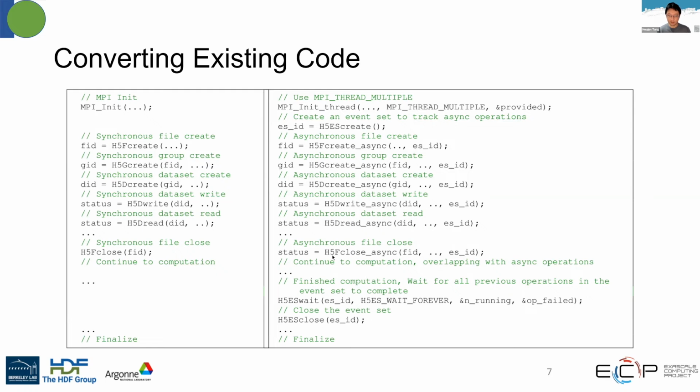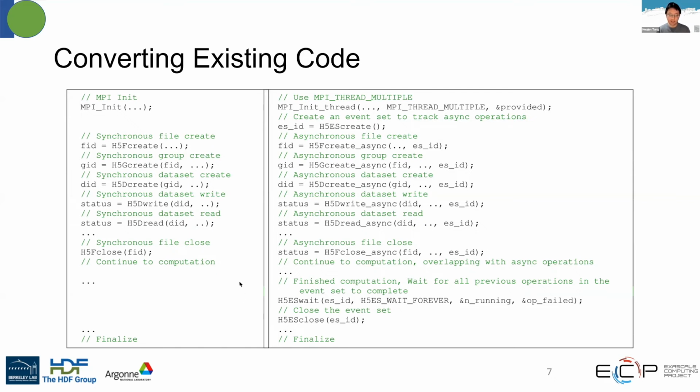But with async, up to the file close, the first file open or file create operation may not even have happened yet. In this way, we can overlap all these operations in the async I/O VOL connector background thread, and then overlap them with the computation.